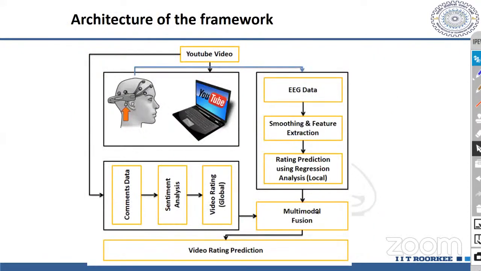When we apply machine learning, we have two data here. One is the EEG data, and another one is your sentiment analysis data. Separately, you are doing your feature extraction and classification. With the EEG data, extract the features and go for the classification algorithm, and you will get a score, let us say alpha.